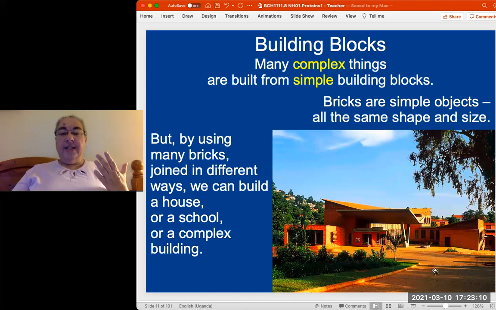So this is the idea that I want you to have in your mind as we're talking about complex biological molecules, simple things being put together to make something more complex. If you're wondering, this building is actually the British Embassy in Kampala.